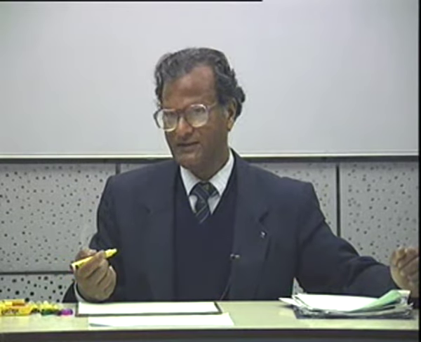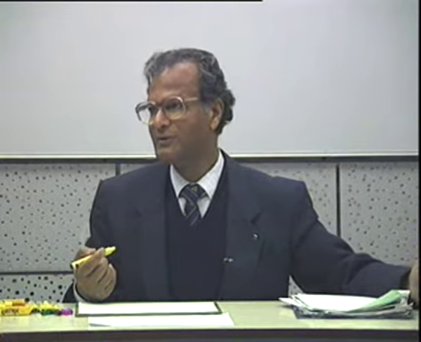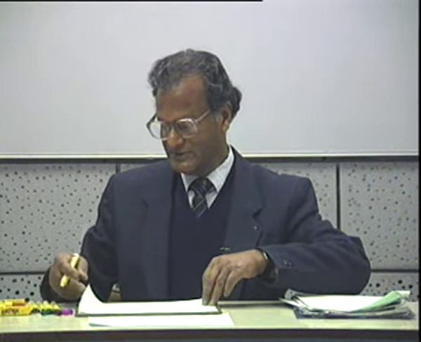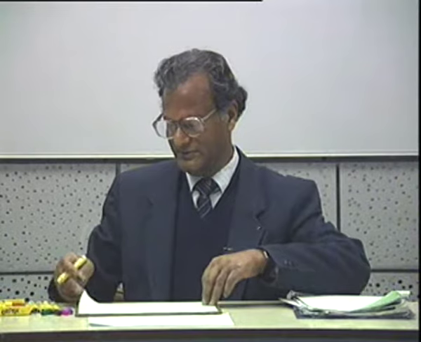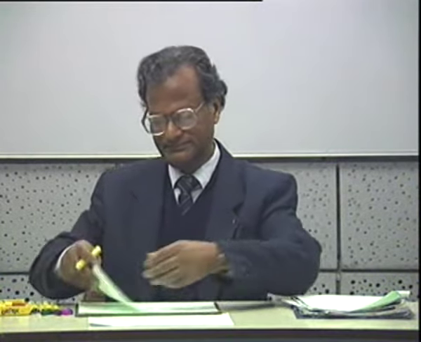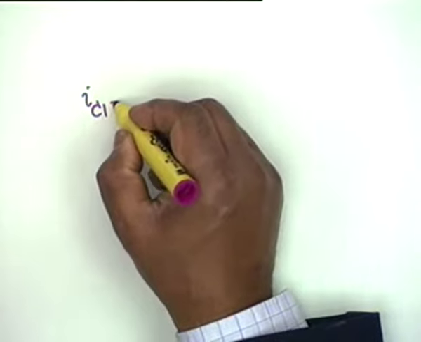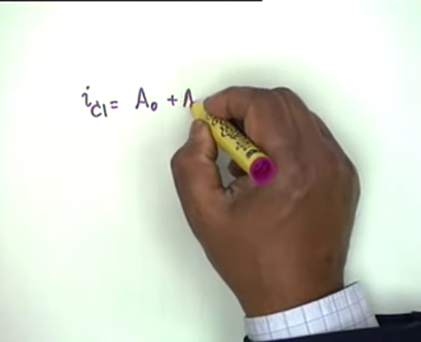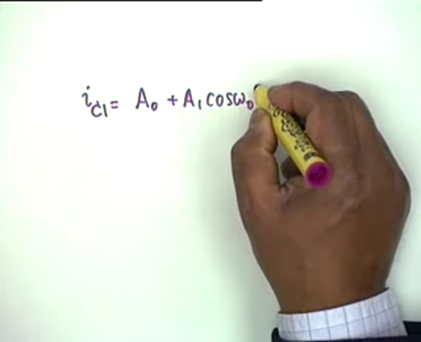Now if you expand IC1, this half rectified sine wave or cosine wave, in Fourier series, then because of the symmetry in the waveform you get only cosine terms. There is a DC and only cosine terms, no sine terms, and therefore I can write IC1 as some DC A0 plus A1 cosine of omega 0 t, let us say.